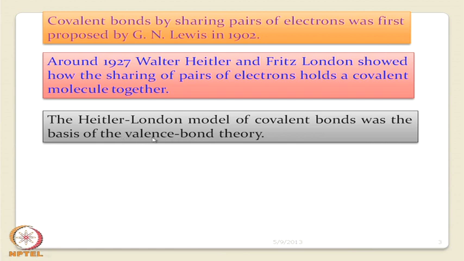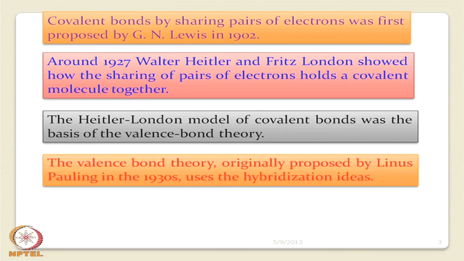So, we will consider this as VBT, valence bond theory, and these ideas can be considered for the bonding pattern in metal complexes. And around 1930, it was Linus Pauling who originally proposed the different bonds and the nature of the chemical bond, where he utilized the idea of hybridization, the concept of hybridization.